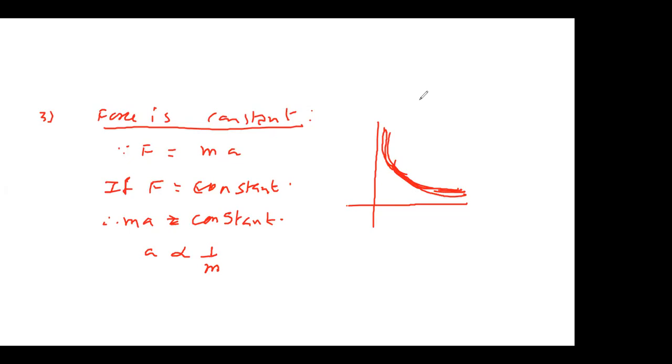Whenever you have a proportional to 1 by m, or product constant, then in this graph when x is increasing, y will be decreasing. So the graph will come like this. This is the graph.